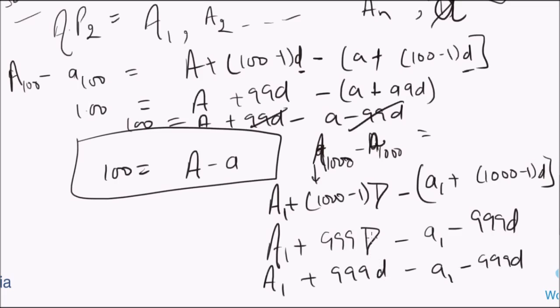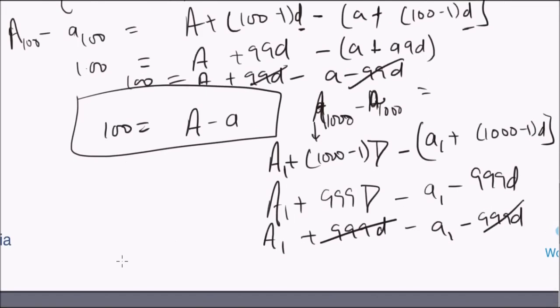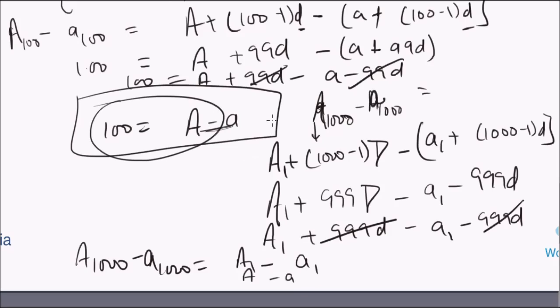Substituting small d in place of capital D, these two terms get cancelled and the result becomes capital A1000 minus small a1000 equals capital A1 minus small a1, which is nothing but capital A minus small a, which is given as 100 by the first part.